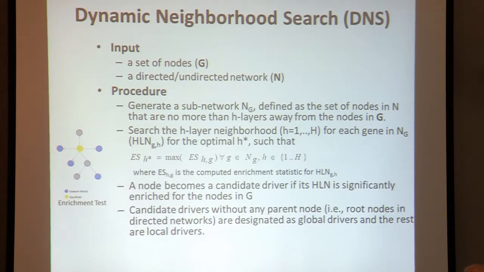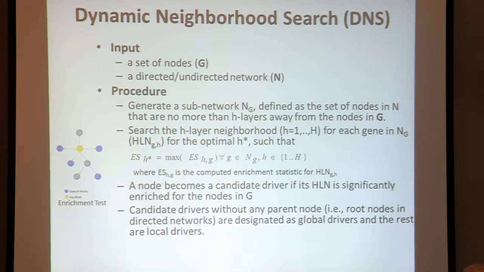Because sometimes the causal network is quite complex, we want to simplify the problem, so we limit the search within the neighborhoods surrounding the input gene list.